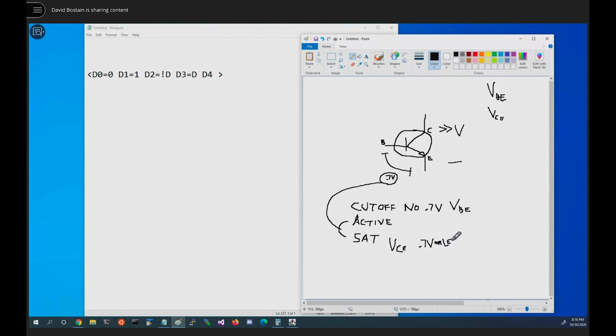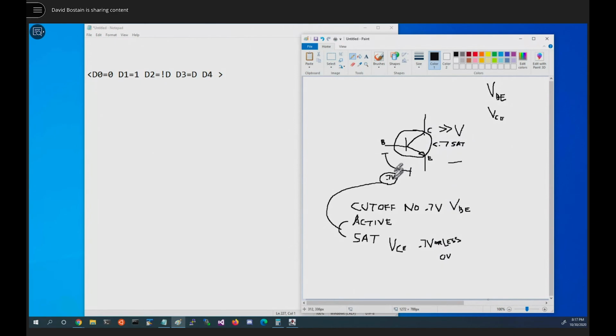When we do problems, we actually estimate it to be 0 volts as an estimate. That's the voltage between here and here. If it's less than 0.7 volts, we're saturated.